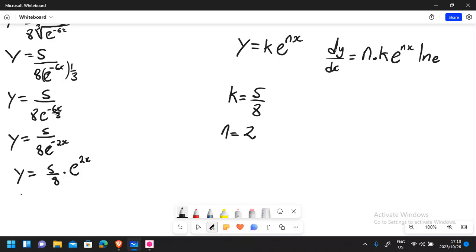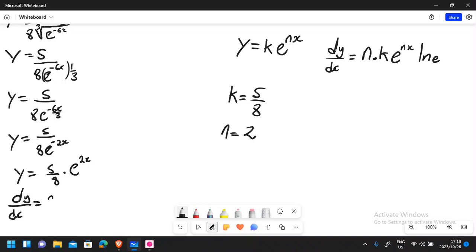Now we're looking for dy over dx, right? So let's do it. We use this formula here, guys, so we have to multiply by n. What is our n?